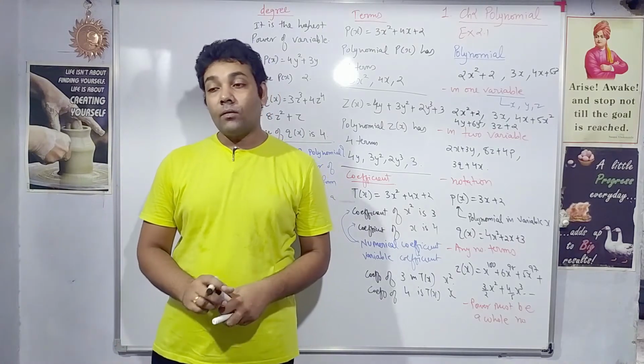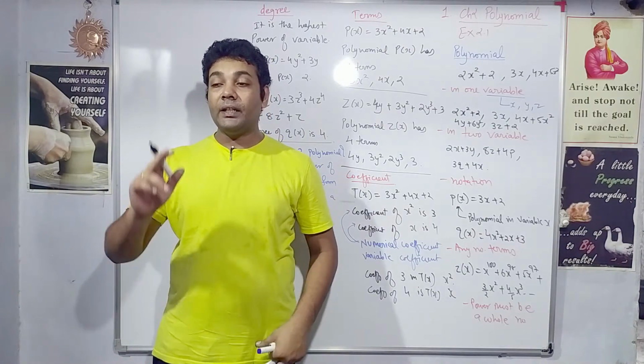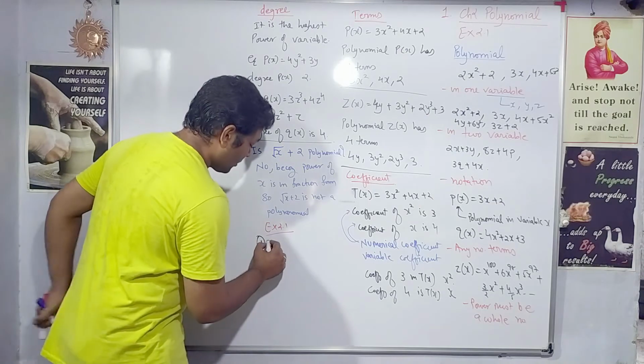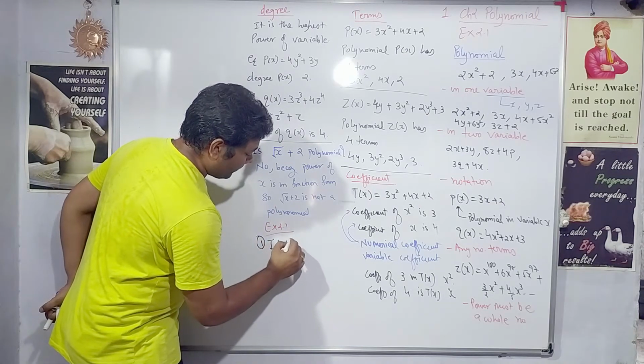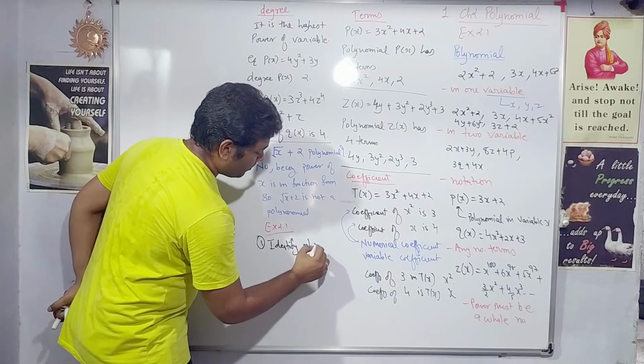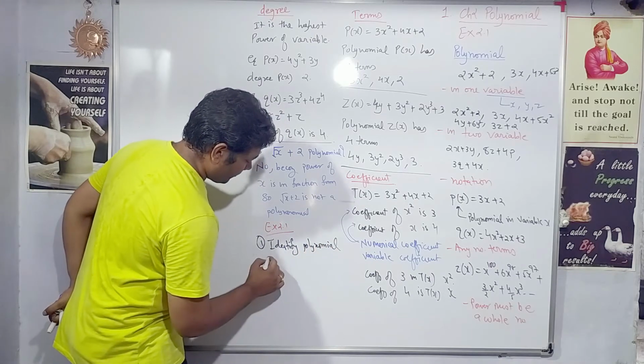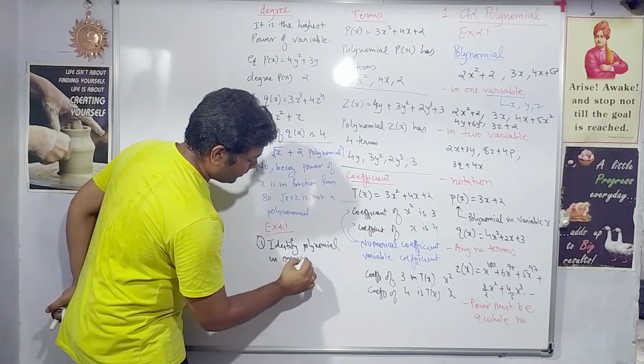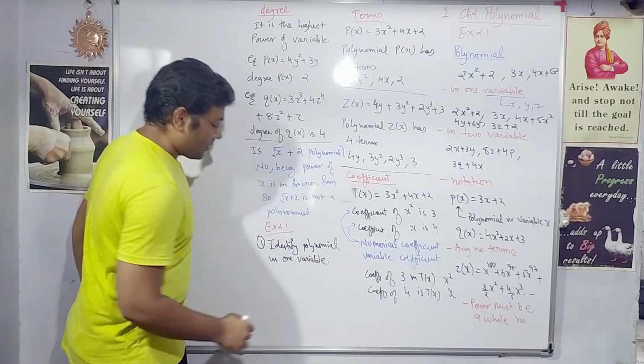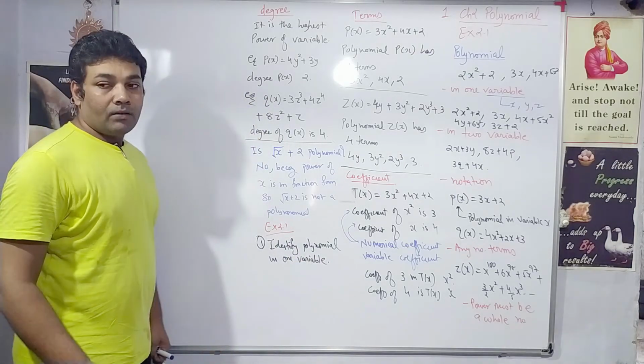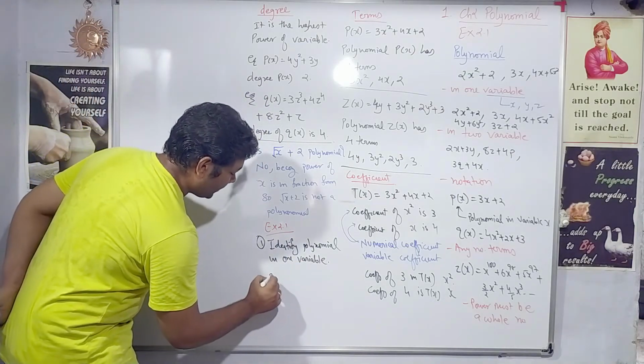It states which of the following expressions are polynomials in one variable and which are not. So identify polynomials in one variable. I'll write down some questions. You try to identify which are the polynomials in one variable, right?